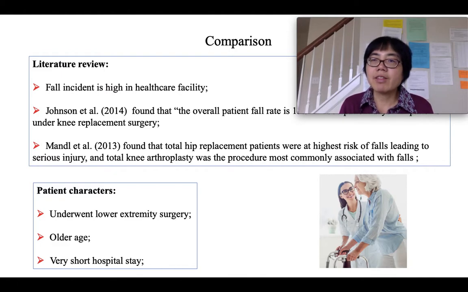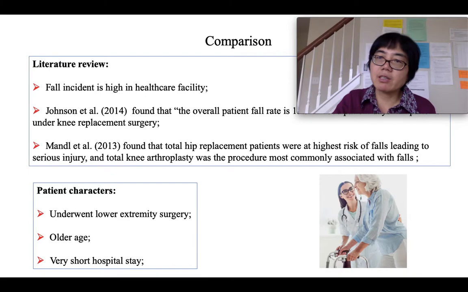Most patients, if they have no complications, stay here only 3 to 5 days. Some patients only stay here for 2 days. The first day, they have the surgery. The second day, after the PT walks with them and the doctor checks them, they are discharged. So it's a very short hospital stay. Because of these characteristics, my patients fall into the high fall risk group.